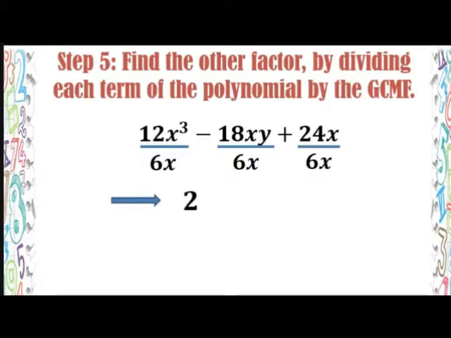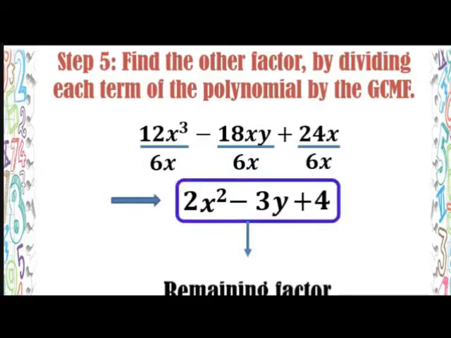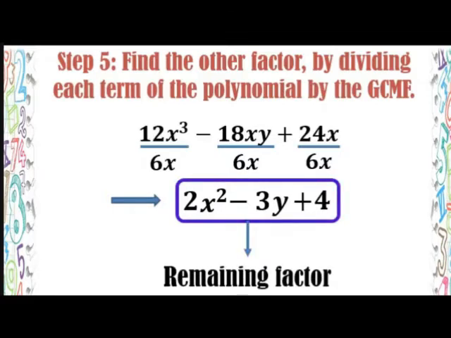X cubed divided by x, that is x raised to 3 minus 1. So we have x squared. Bring down minus. 18 divided by 6 is 3. Cancel x and bring down y. Plus, 24 divided by 6 is 4. Then cancel x. So this is the remaining factor.